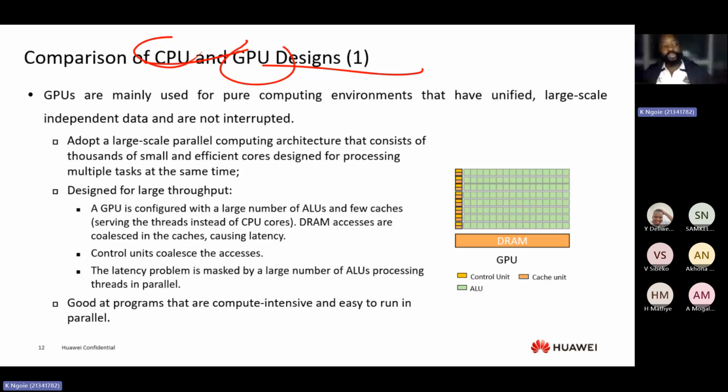Just to summarize the main difference between how the CPU operates and how the GPU operates: the CPU is like a smart manager who can handle a large amount of tasks, managing them one at a time, but doing it well.